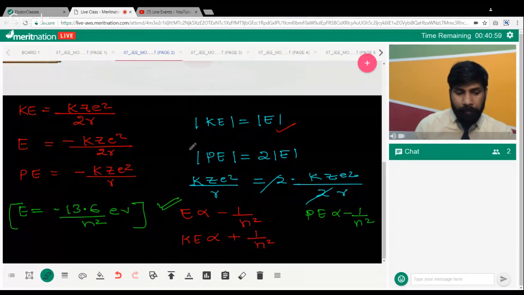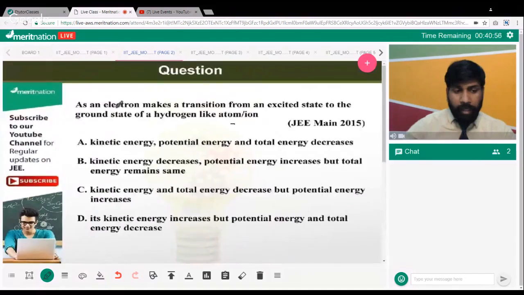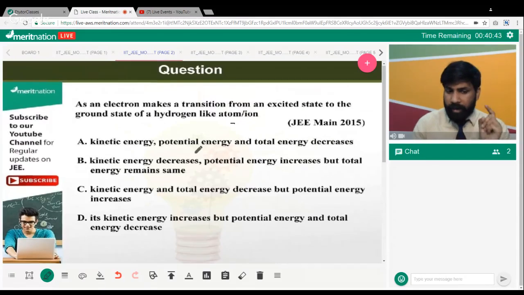Here, an electron makes a transition from an excited state to the ground state. So the electron is jumping from an excited state to the ground state, which means n is decreasing.